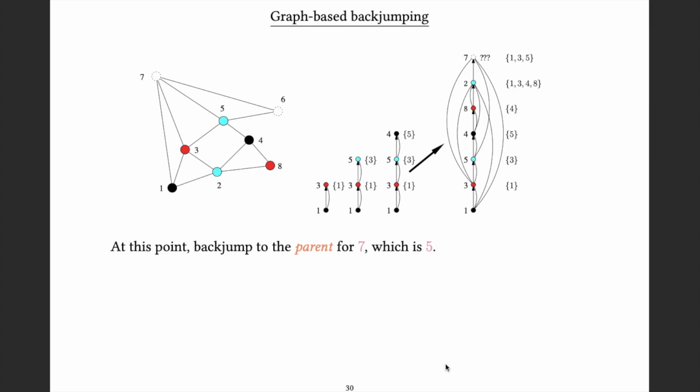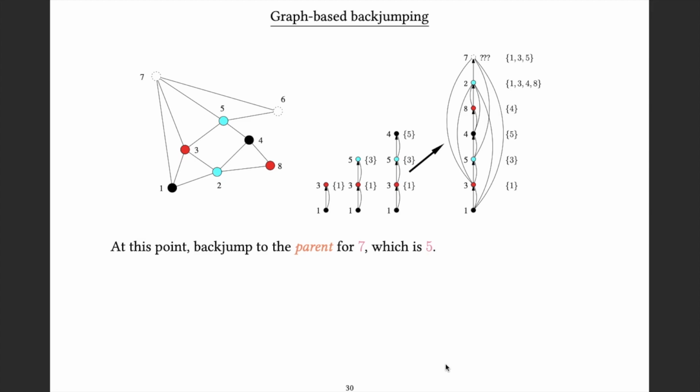So here again, the simple example, what's being illustrated here is the way in which the graph on the right is built up as we make a sequence of assignments. And at each point I've annotated on the right the ancestors of the corresponding variable. So initially I assign 1 and then 3. Now 3 has the predecessor 1 and it has a constraint with it.